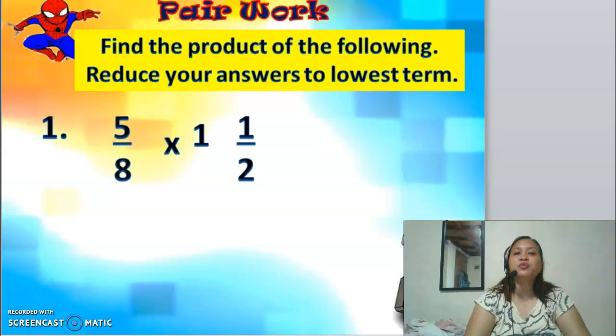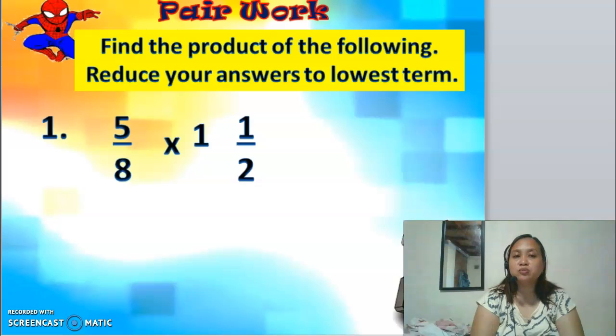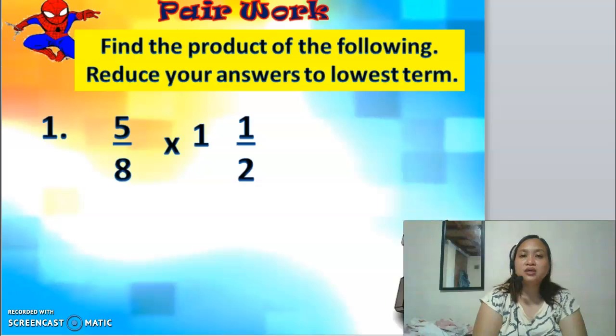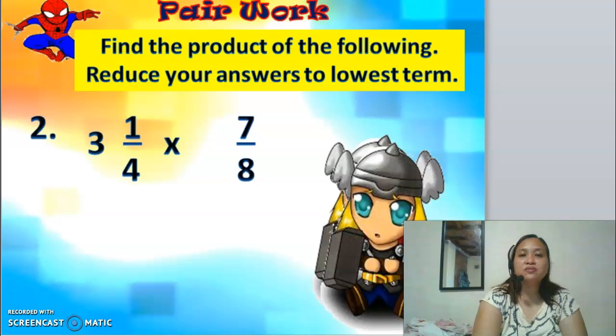Let's proceed with this one. Now, I want you to find the product of the following and reduce your answers to lowest term. On your paper, try to answer. Next.